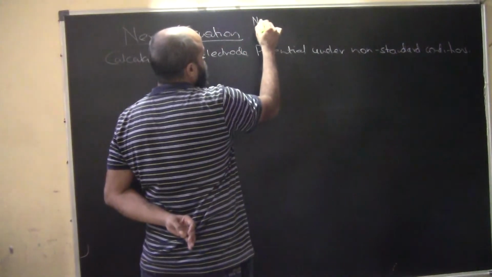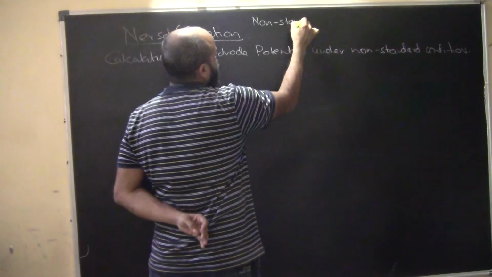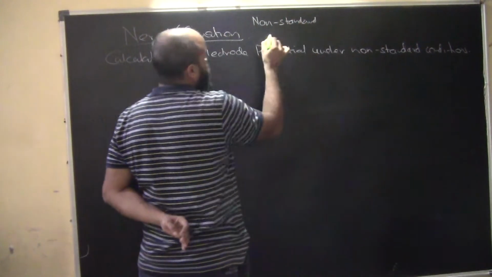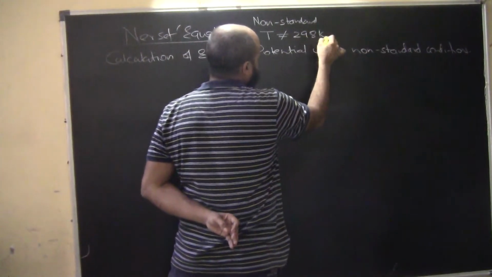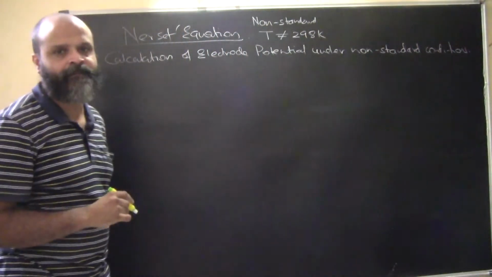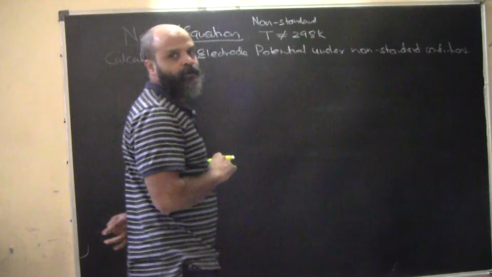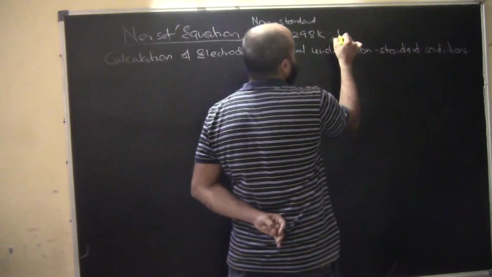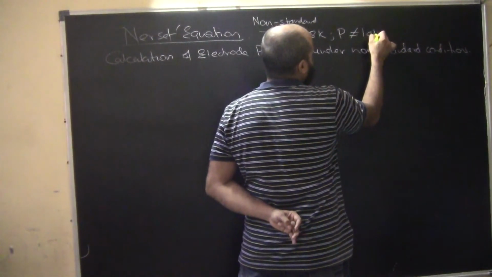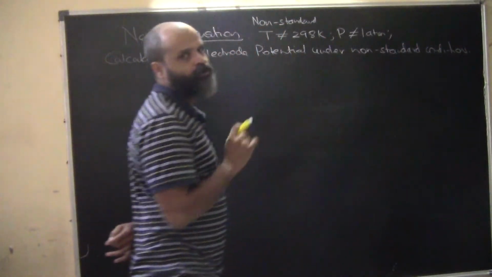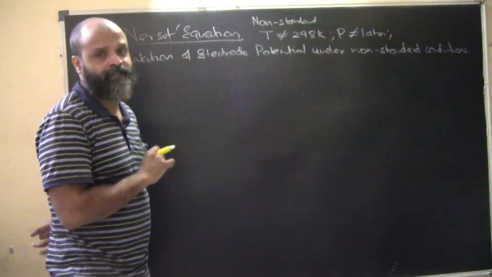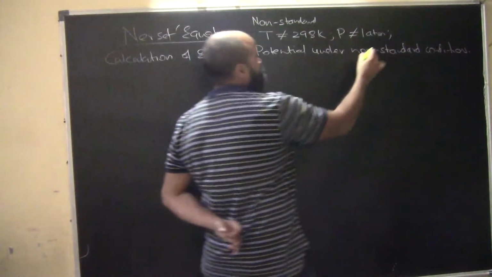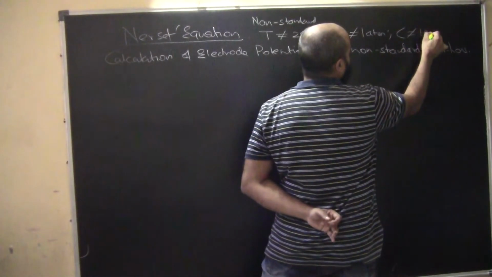Non-standard conditions are those in which the temperature is not equal to 298 Kelvin, that's basically room temperature, 25 degrees centigrade, the pressure is not 1 atmosphere, and the concentration is not 1 molar.